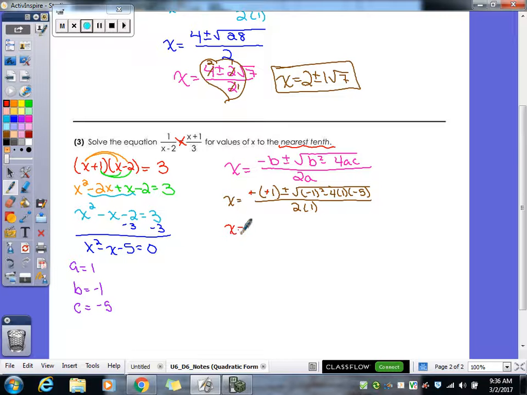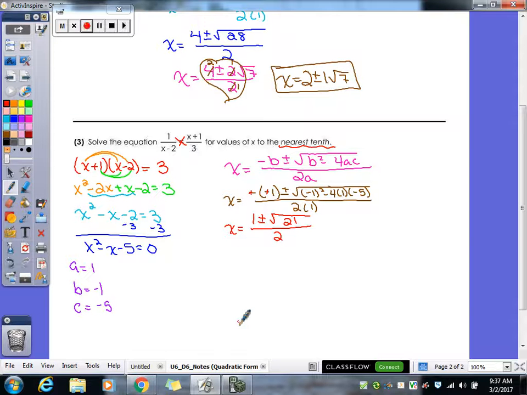So we get +1 plus or minus. What would be our number under the radical? So do your -1 squared minus 4 times 1 times -5. Not quite. So yeah, you should get a 21. And then it's all over 2.